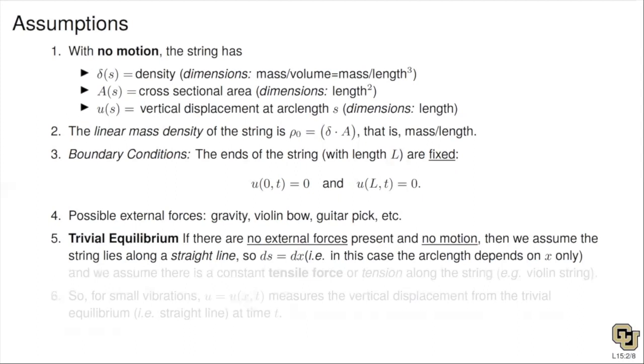If there's no external force present and no motion, if we just tie the two ends of the string and do nothing to it, then we have what's called the trivial equilibrium, or the equilibrium position. It's just a flat string. And now we're going to switch from arc length to x, the horizontal distance along the string. Here, arc length and the distance along the string x are the same.